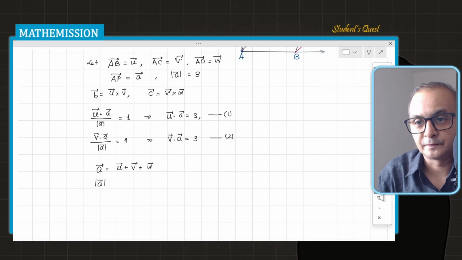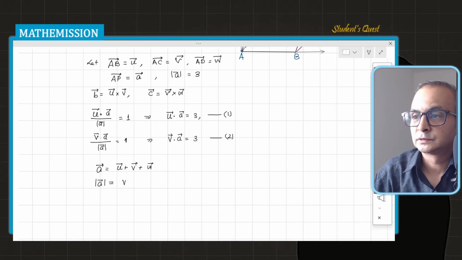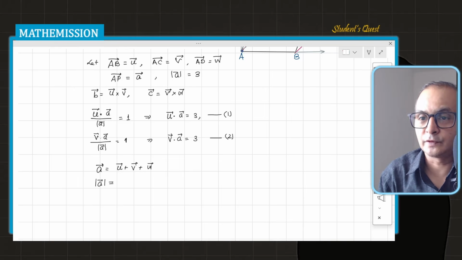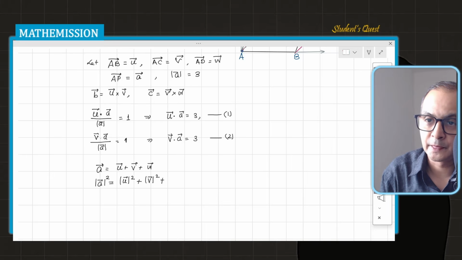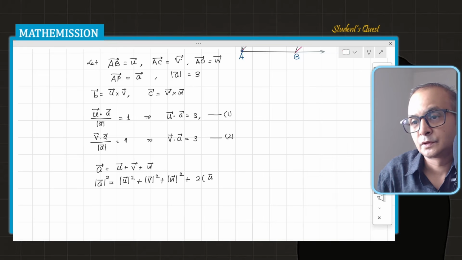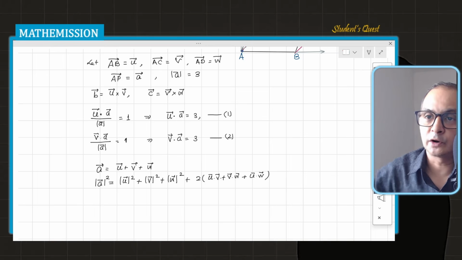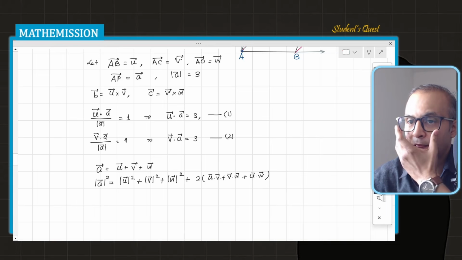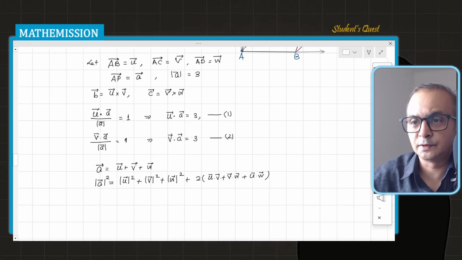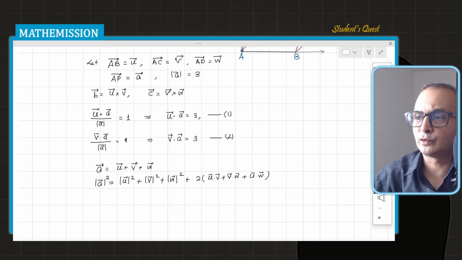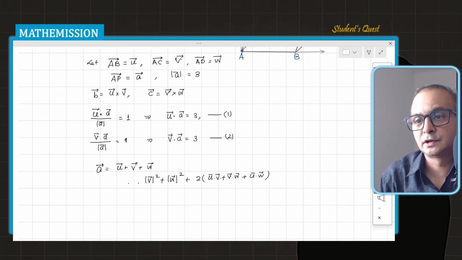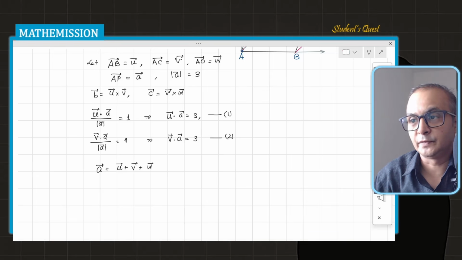The magnitude of A is 3, so let's take the square. The magnitude of A squared is mod U squared plus mod V squared plus mod W squared, plus twice of U dot V plus V dot W plus U dot W. Now, the mod of A squared is already 9, but I don't think it will help, and we already have U dot A and V dot A. So why not directly multiply with A dot, so that we can get W dot A. Yeah, that's a wise step.